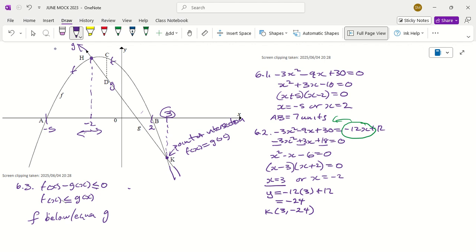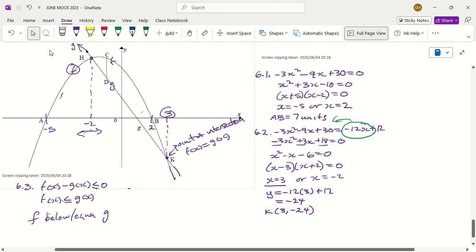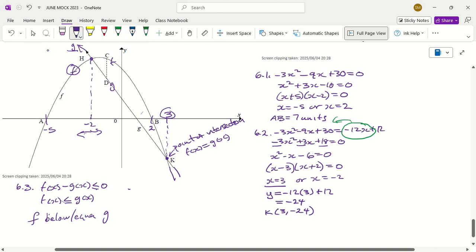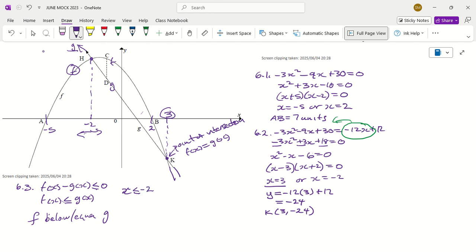So that is x is less than or equal to -2. Then when we go to the right, it doesn't hold.